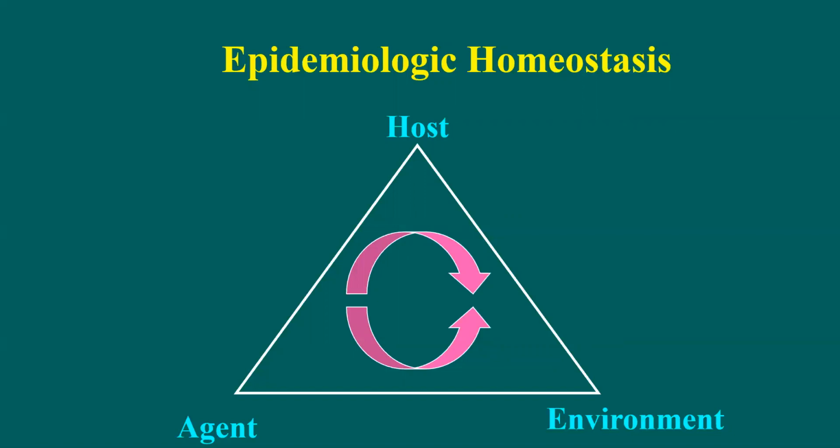The host, if you are referring to diseases which happen in human beings, is the human being, who is likely to get a disease. The environment is where the human being lives. In the environment, there are agents. So there's a relationship between the host, the human being, the environment, and the agent.